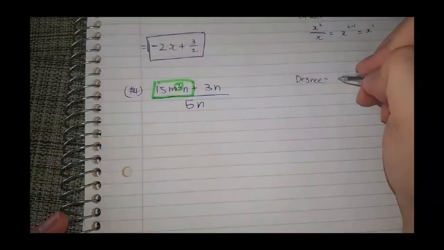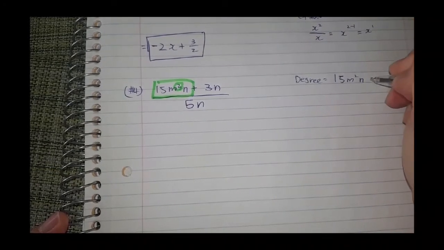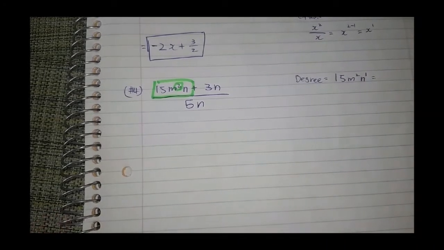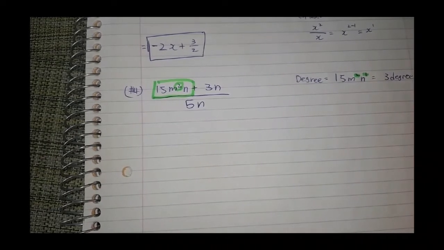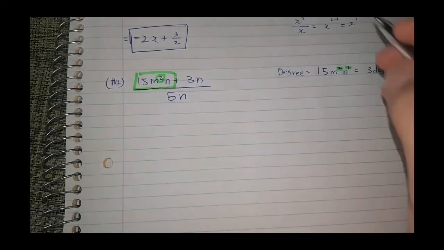However, it is not. When you look at things that have more than one variable, here's what you do. Consider that n is in fact n to the power of 1. We are looking at these two exponents together if you have different degrees. So that means 15m squared and n to the 1, this is 2 plus 1. So in terms of degree, this is third degree. That's something that we're going to learn and apply today.